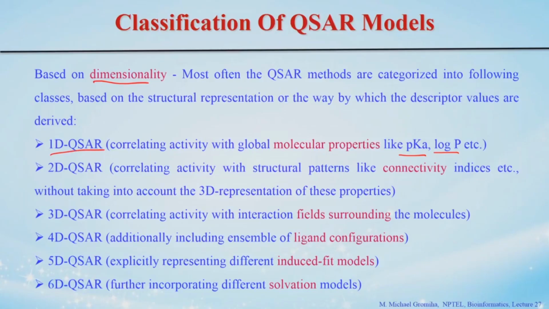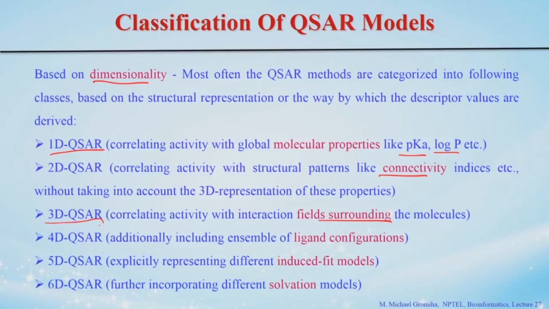When you go with the 2D QSAR, we go one step further. In this case, you see the connectivity, right. So, you see the patterns and how the interactions are connected. You give the connectivity, and this will give you 2D QSAR. When you consider the surrounding environment, for different types of interactions surrounding that particular position, then we can go with the 3D QSAR.